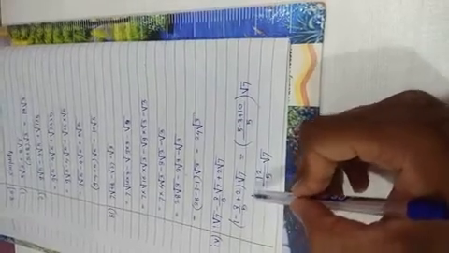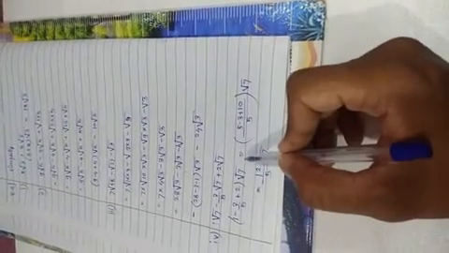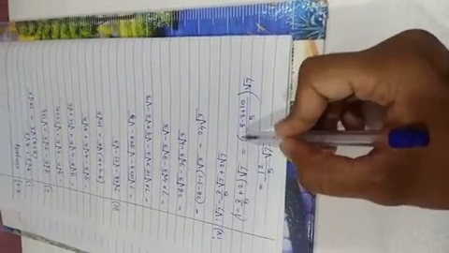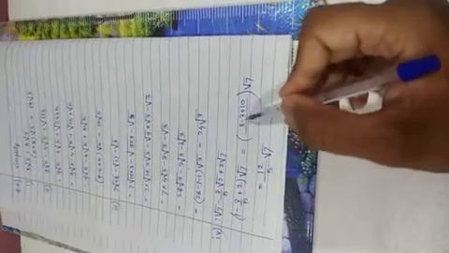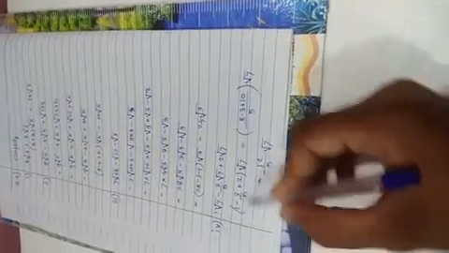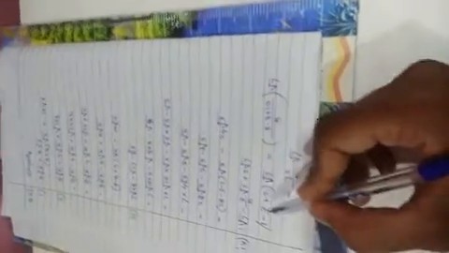Students, we already learned the operations on rational numbers, so we will do that. You just make the denominators common.